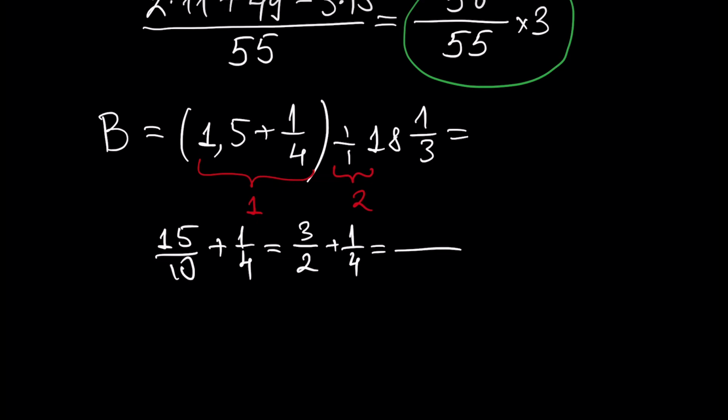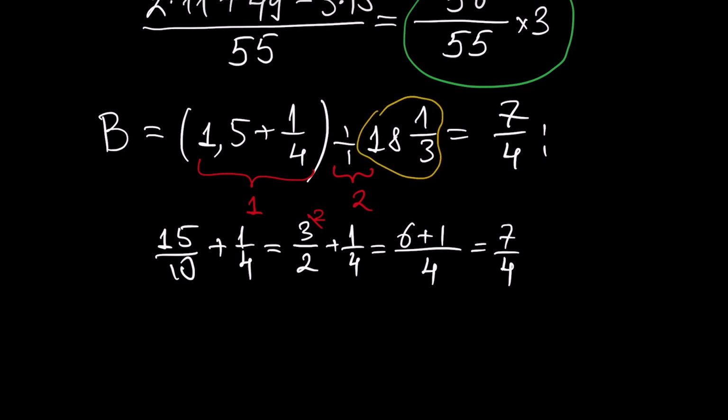The common multiple of 2 and 4 is 4. And we will have here 3 times 2, which is 6, plus 1, it will be 7 over 4. If we rewrite it, we will have 7 over 4 divided by this mixed number, which can be written as 18 times 3 is 54 plus 1, 55 over 3.